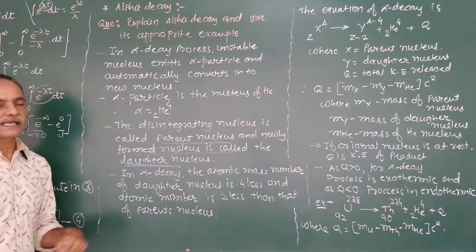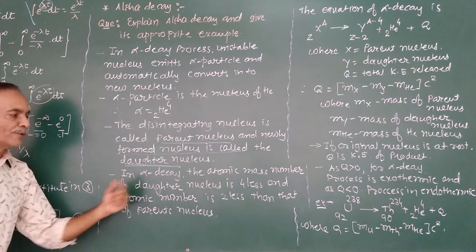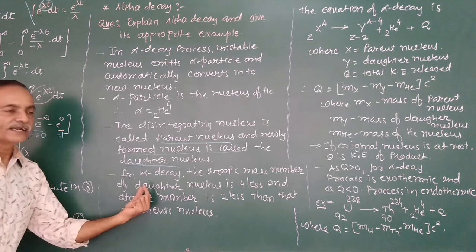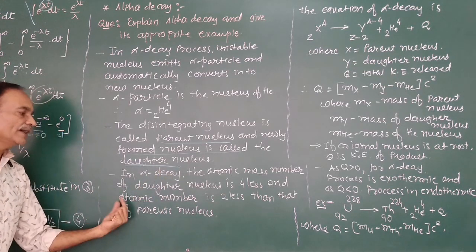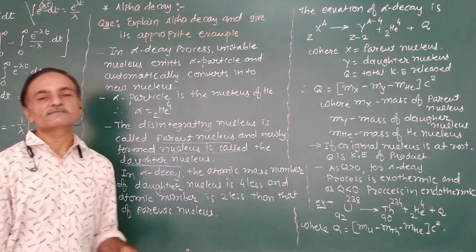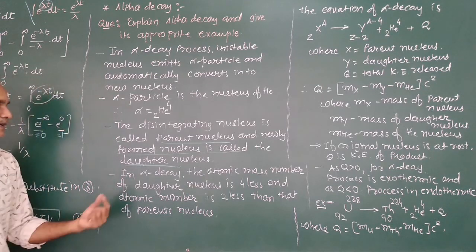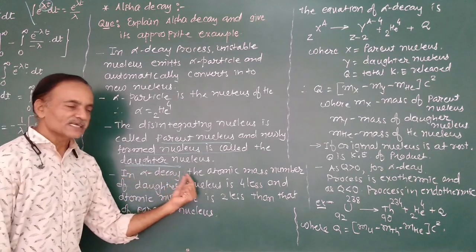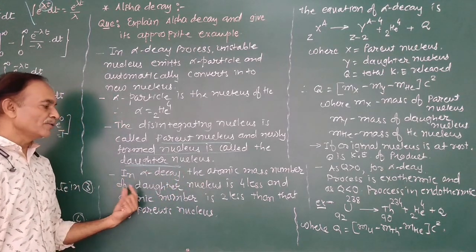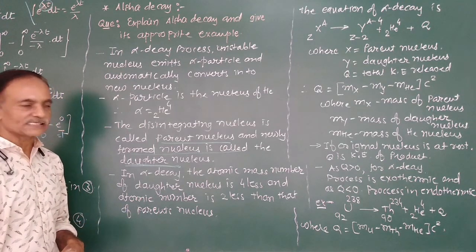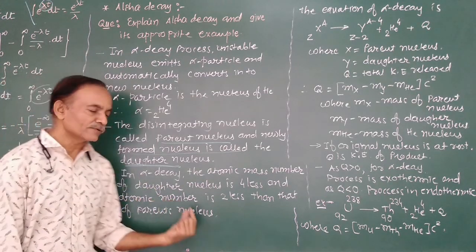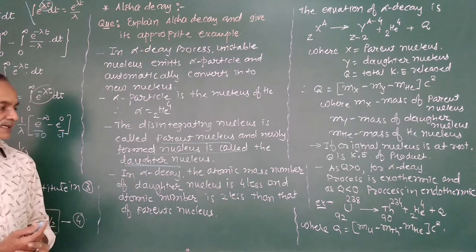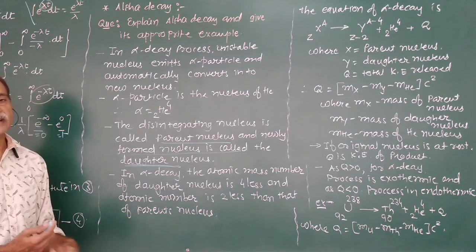In alpha decay, the mass number of the daughter nucleus is decreased by 4 and the atomic number is decreased by 2. That means the mass number of the daughter nucleus is 4 less and the atomic number is 2 less than that of the parent nucleus.